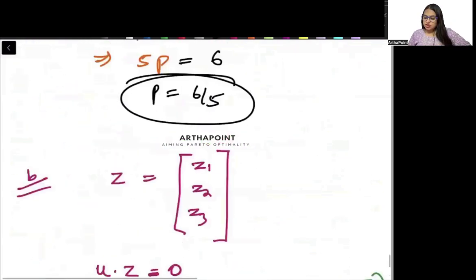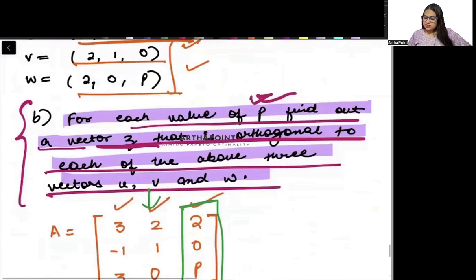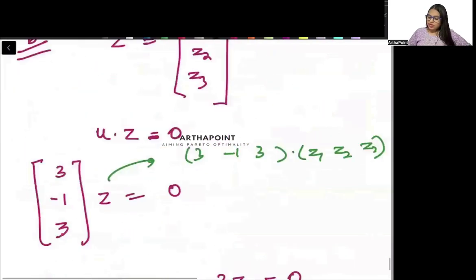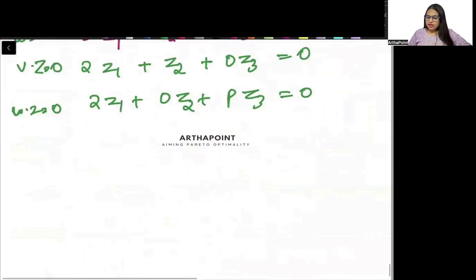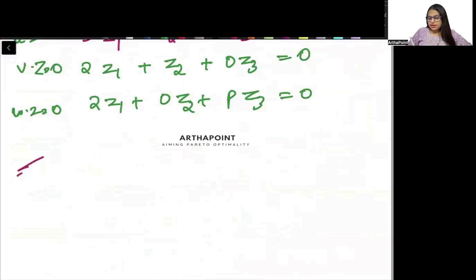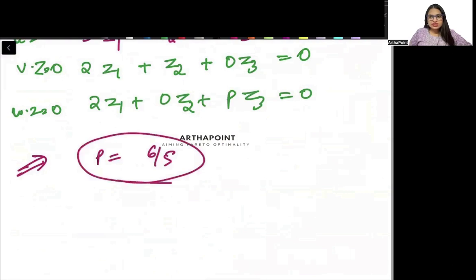Now it goes ahead and says for each value of P, find out a vector Z that is orthogonal to each of the above vectors. So what I can do now is say that P can either be 6 by 5 or not. If P is 6 by 5, then the 3 equations will not be independent of each other.